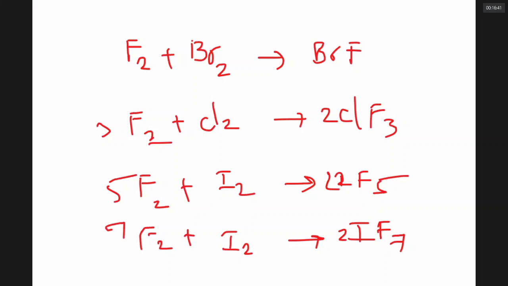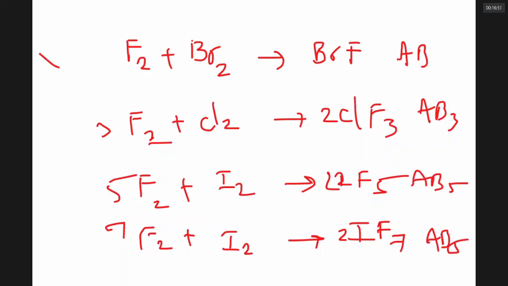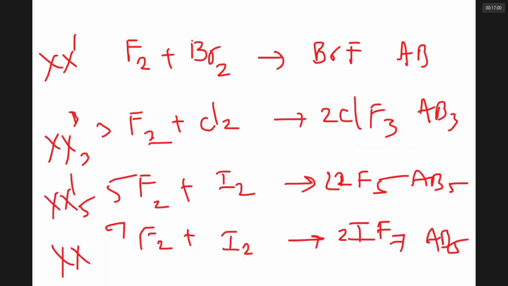Notice that these compounds, which are of formula AB, AB3, AB5, AB7, are XX', XX'3, XX'5, XX'7. These compounds are called interhalogen compounds.